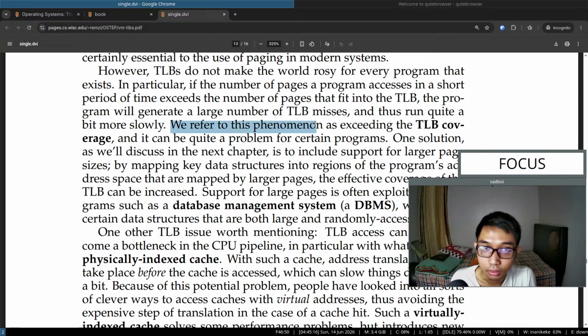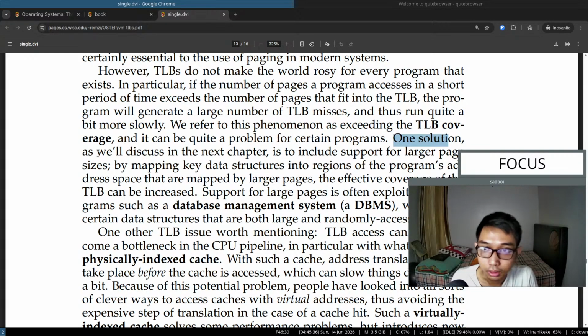We refer to this phenomenon as exceeding the TLB coverage. Oh, okay. And it can be quite a problem for certain programs.